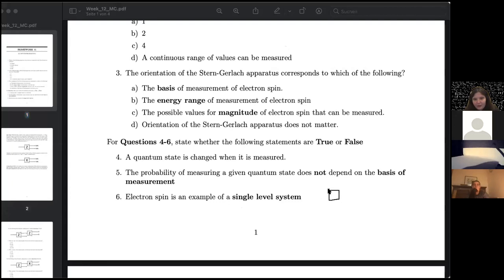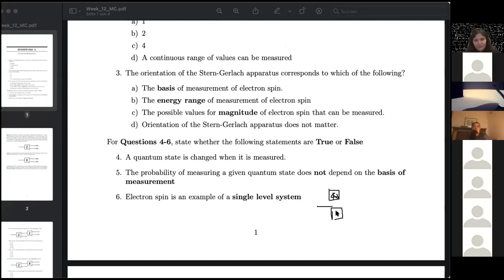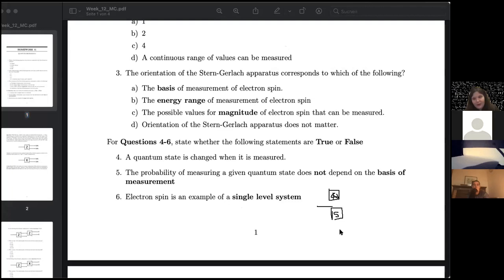If you put it like this, you are measuring in the z basis, or if you put it on the plane, I try to draw it like this.